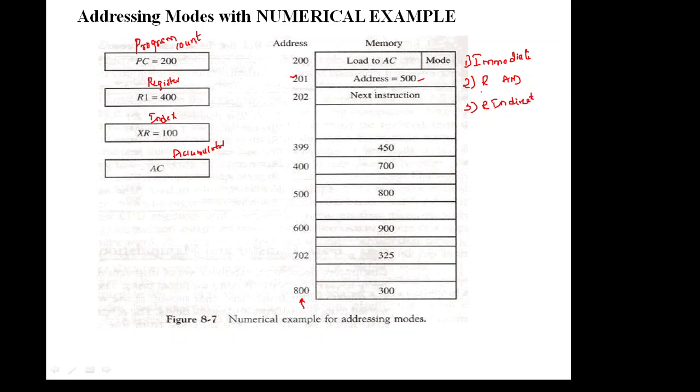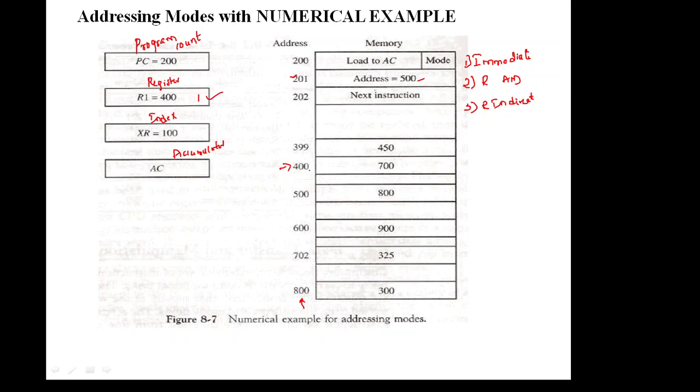Next one is register indirect addressing mode. We are done with the register addressing mode, and the third one is register indirect addressing mode. Here the register contains the effective address. So we have to go to the effective address in order to determine the operand. In this example, R1 contains 400. This 400 is the effective address. So we go to 400 to determine the operand, the contents of the memory location.